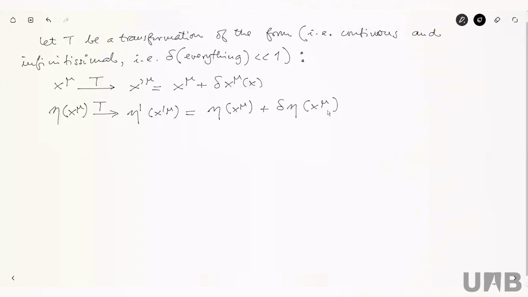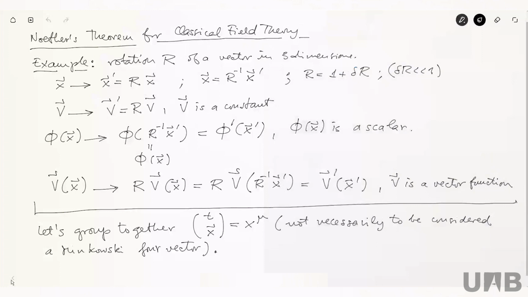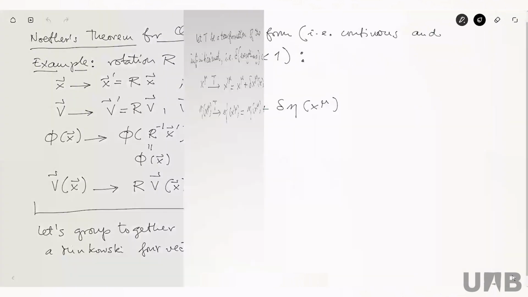Okay, so let's pause here a little second and think about what we have written. Let's go back. Here you see that V of X goes to R V of X. So before I change X into X prime, the transformation is just a transformation of the field V itself, not of the variable. Okay, so this is exactly what we are doing here.